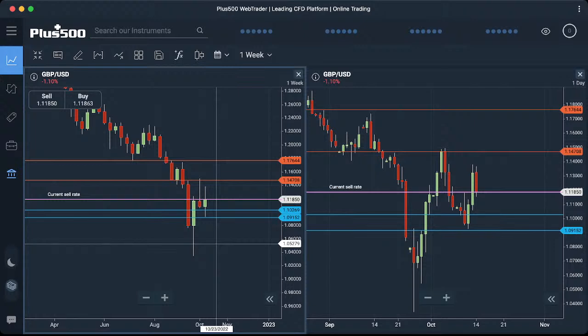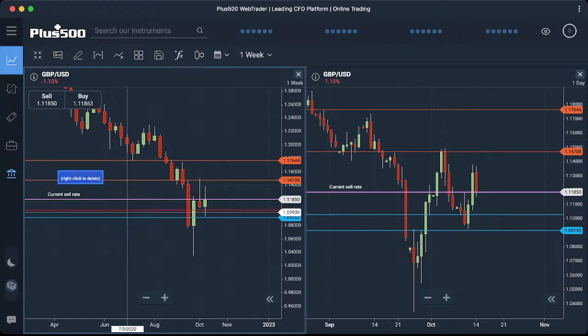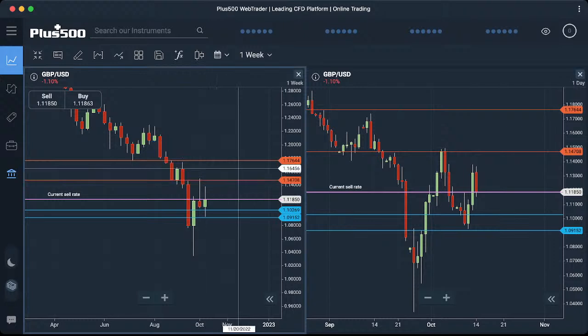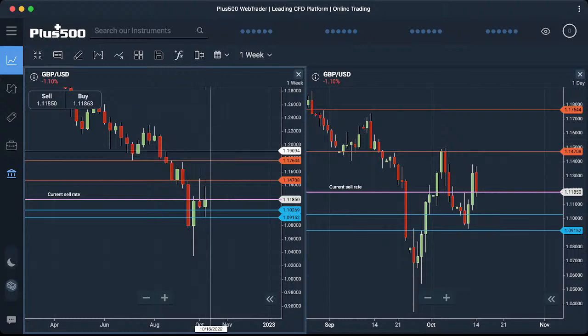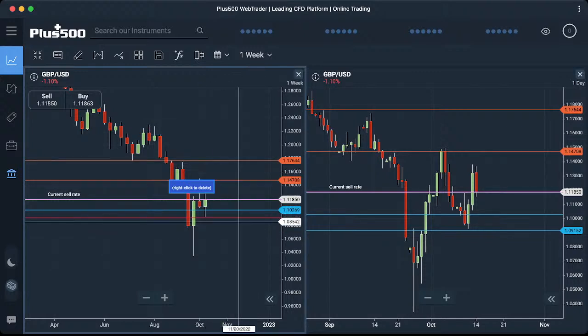As you can see on the weekly chart on the left side, the horizontal orange line is a bearish order block, and above that we have the bearish fair value gap at 1.17600. So these two orange lines on the weekly can be our first targets.